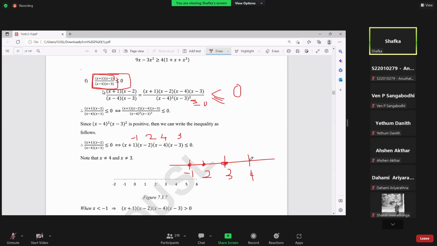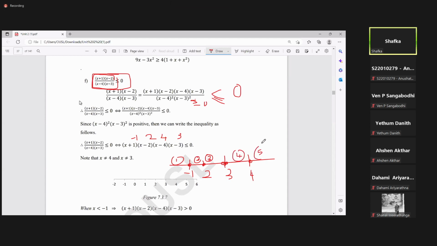Now consider any elements in between each and every region and think about the solution. Okay? Can you do this on your own?